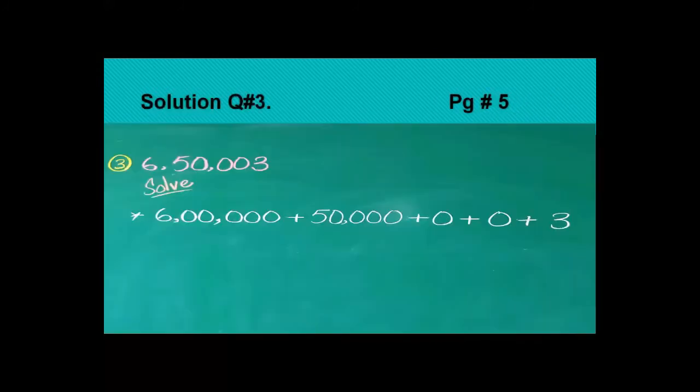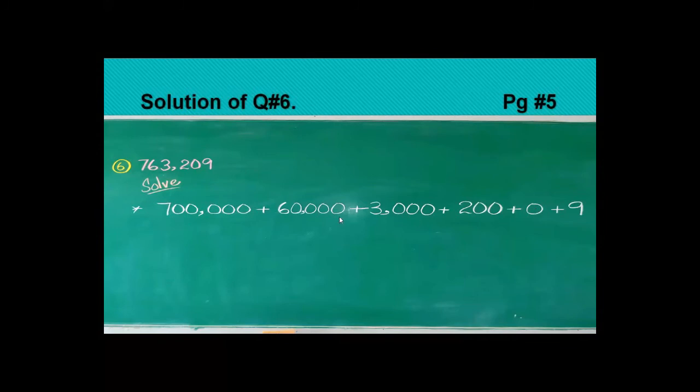Same in this way you will do this exercise. 6 at the place of lakhs, so you will put 5 zeros here. Be careful by putting commas in between. Now an addition sign, then 5 comes at the place of 10,000. You will put 4 zeros with 5. Then 0 at the place of 100, then 0 at the place of tens, and 3 at the place of units. In the same way, question number 6 is written in the international way.